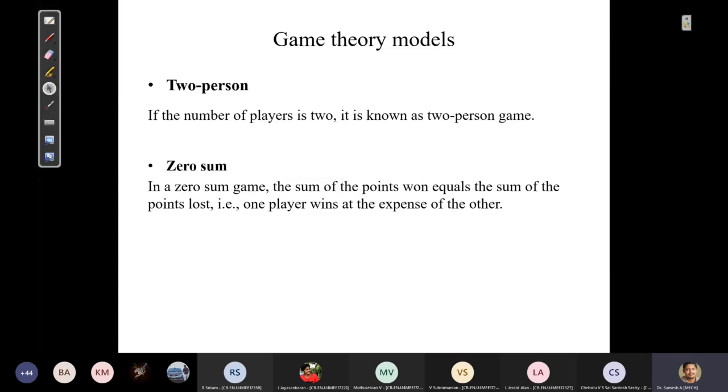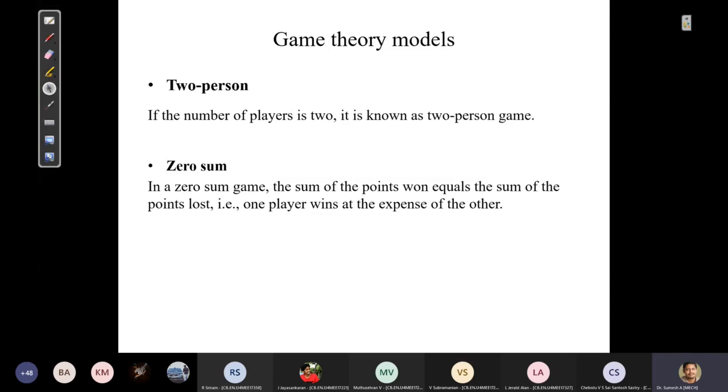Okay. Now, based on the nature of strategies, games are classified as pure strategy and mixed strategy. That is based on the strategies of you and your opponent. Pure strategy means that in a game a player always selects the same strategy that you are choosing.